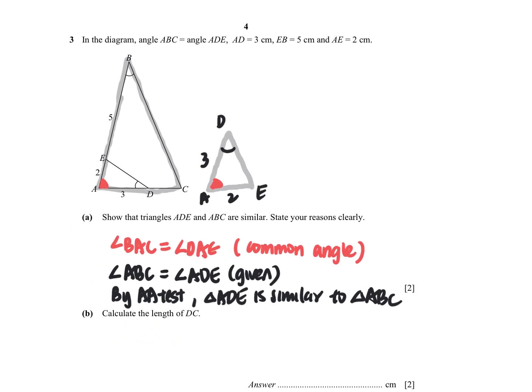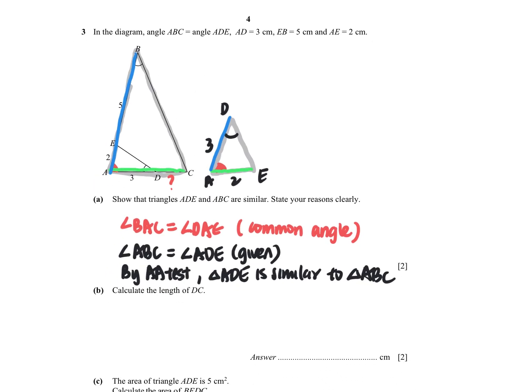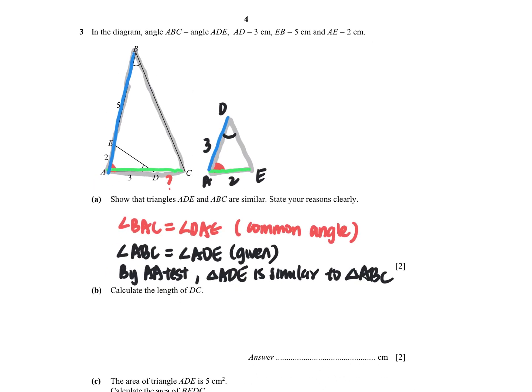Okay, next one I want to find DC. If AA test, the angle must be equal. Yes, exactly the same. So I want to find that small length DC there, so I can compare the corresponding sides first. So this side corresponds to this, and this side corresponds to this. What I need to do is I will always put the unknown I want to find on the top left hand corner.